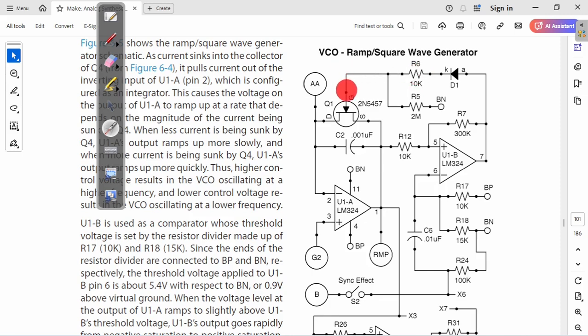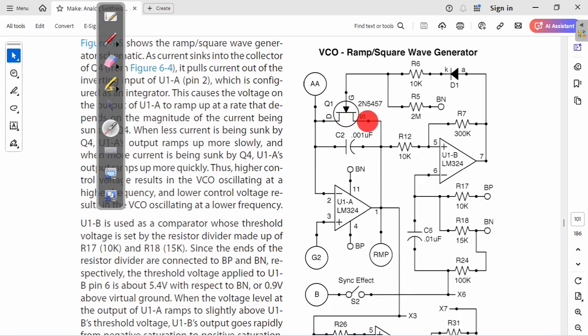So VG is probably going to be high enough such that VGS is not minus 4 volts or minus 5 volts. Now it's going to be much higher. It's probably going to be closer to 0, which means that this JFET is going to be open. So it's going to be like a closed switch.